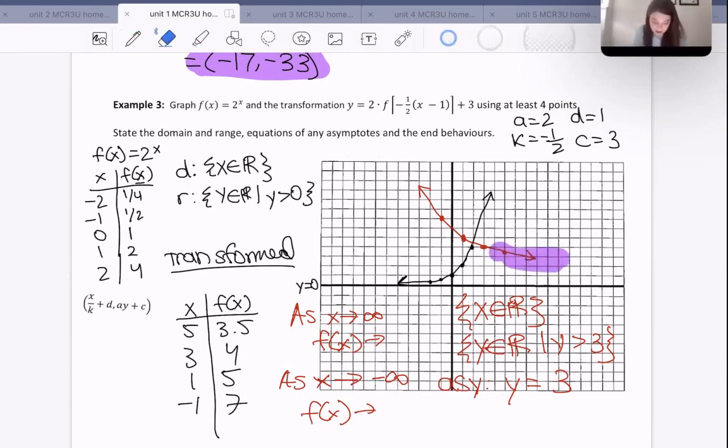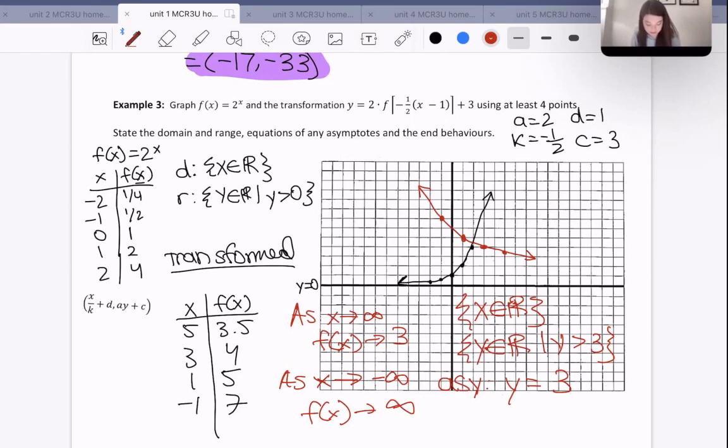So it looks like y is approaching the asymptote, 3. And as x approaches negative infinity, as we're getting further and further to our far left over here, y is increasing. While x is decreasing, y is increasing. It's going all the way up to infinity. So the answer is infinity here.